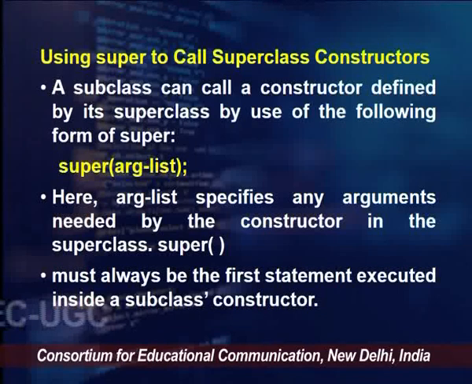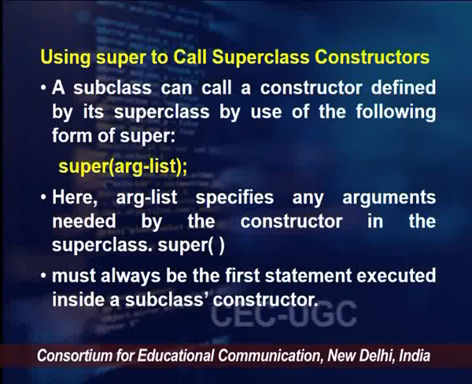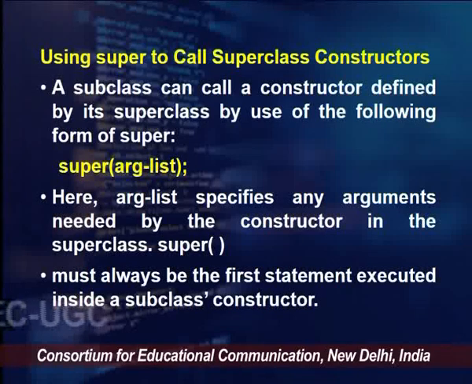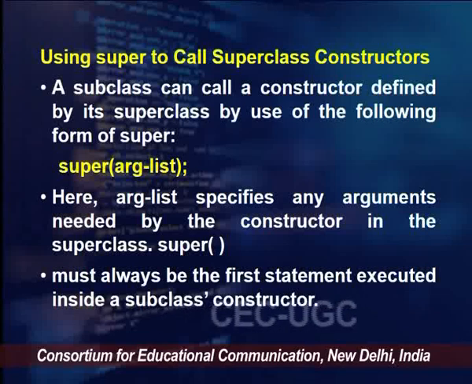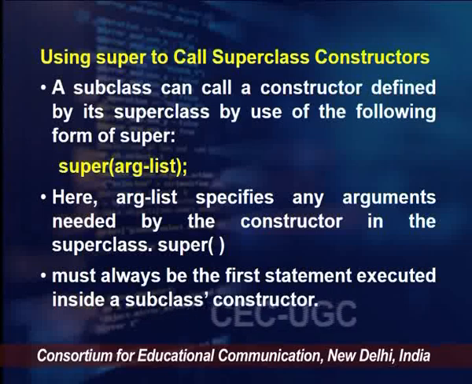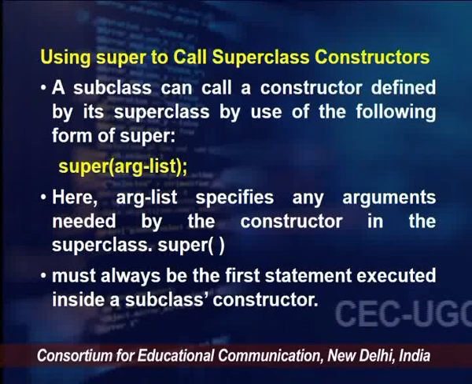Which argument list am I talking about? The argument list specifies any arguments that are needed by the constructor in the superclass. This super statement, that means super and the argument list, must always be the first statement executed inside a subclass constructor.